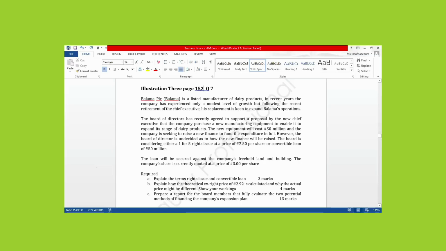Convertible loans are debt instruments that provide options given to the debt holders to convert the debt to equity. A convertible loan is a debt instrument that provides a conversion option to the debt holders.